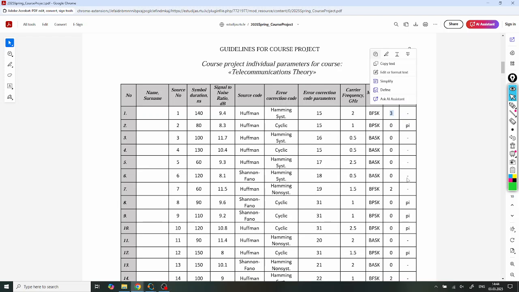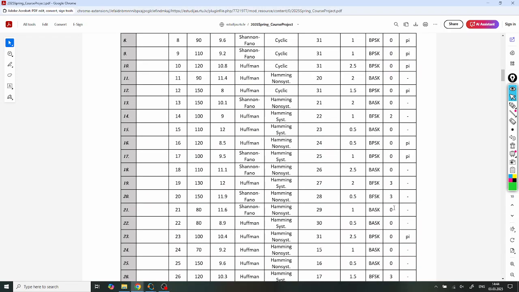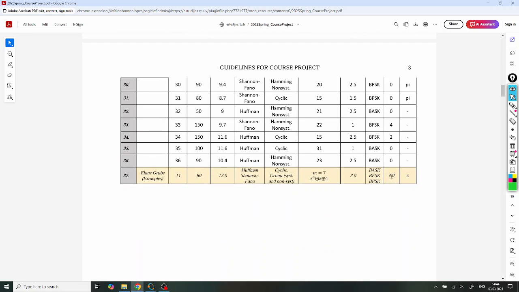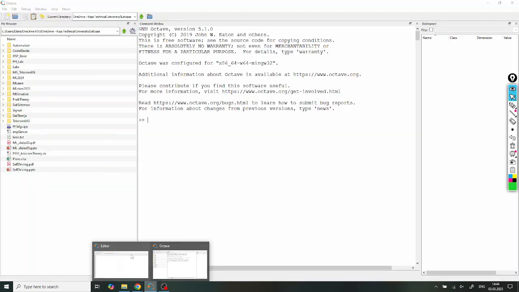I will replace it later to these asterisks, to make it more specifically clear that you don't need this parameter, but you need to have this as a number, like 3, 2, or 4, depending on the parameter values. So for me, it's 4. Now, carrier is 2, and the modulation types, I will display all 3 of them for you, so that you need only to do only one as per your parameters.